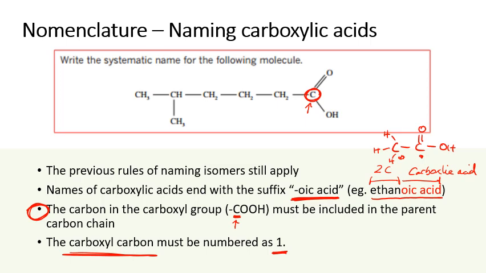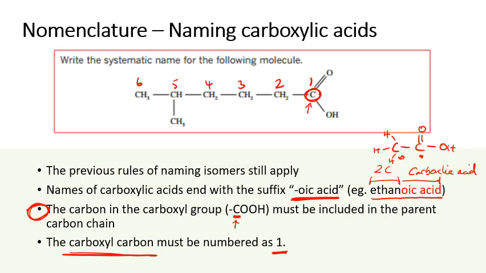So you don't get a choice of which end you number from. If it's a carboxylic acid, then the carbon of the carboxyl group is always 1. So when numbering this molecule at the top, it's going to be 1, 2, 3, 4, 5, 6.